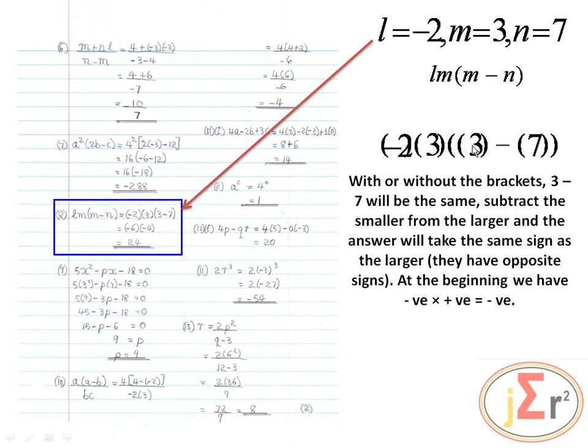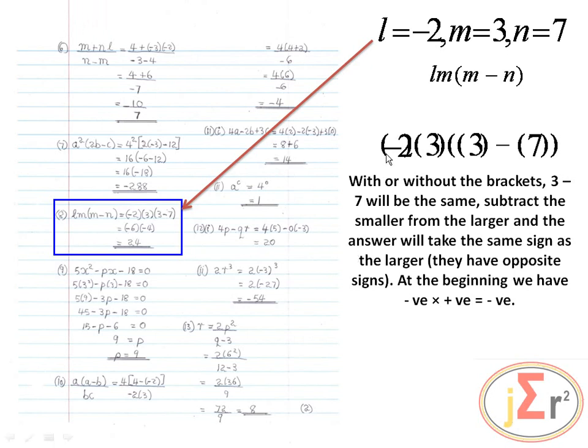So 3 is a positive, 7 is a negative. Find the difference, and the answer will take the same sign as the larger one. So if you tip your scales, you put in your 3, you put in your 7, it will tilt over to the direction of negative 7 being negative. So the result will turn out to be negative. So it's a negative 4.